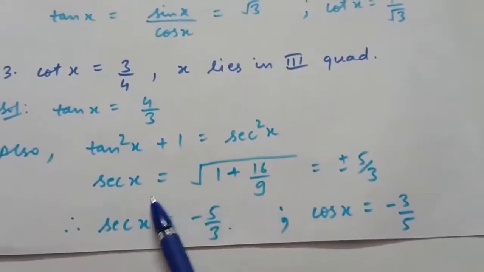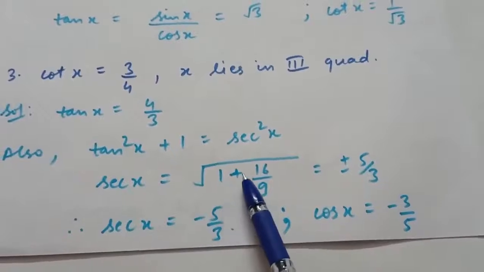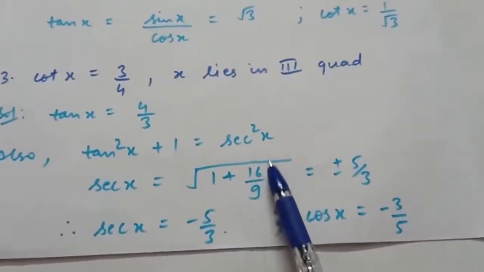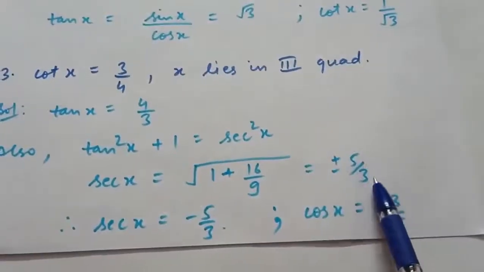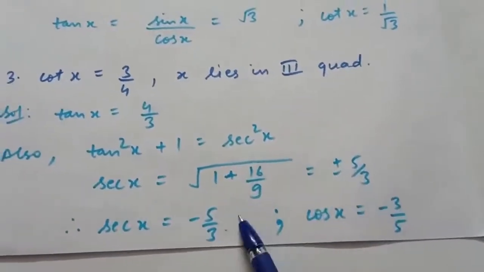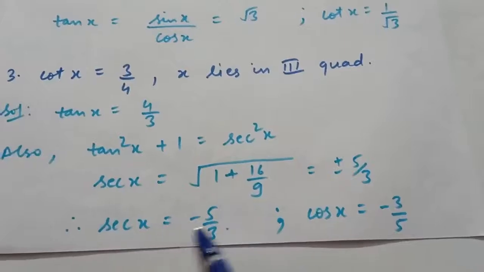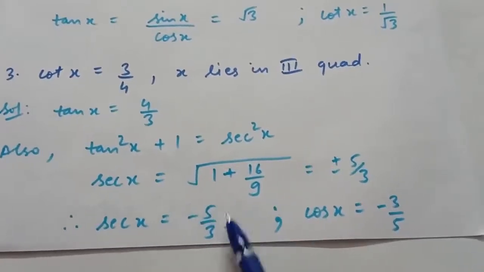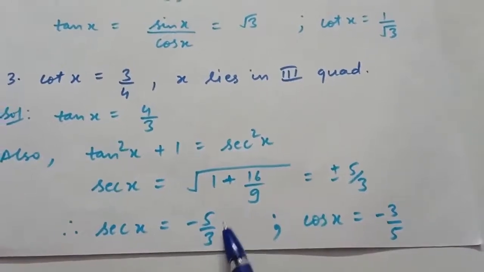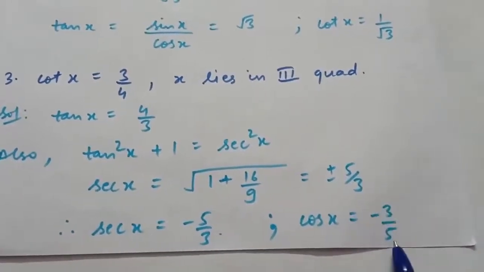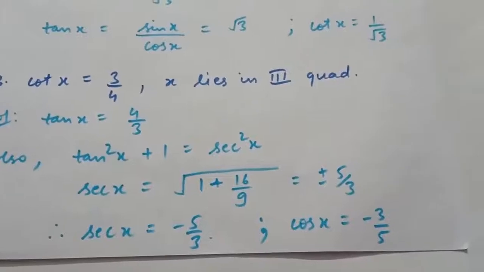So secant x will be root of 1 plus tan square x, which is 16 by 9, which is equal to plus minus 5 upon 3. X lies in third quadrant, therefore secant x will be negative, therefore secant x is equal to minus 5 by 3, and cos x will be reciprocal of secant x, which will be minus 3 by 5.